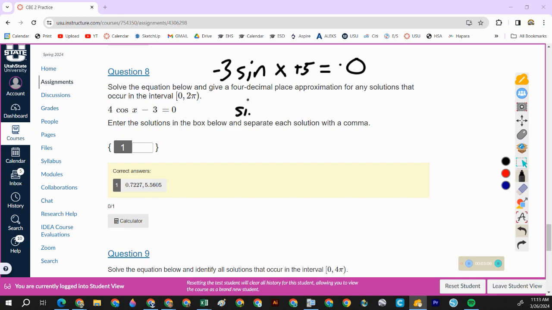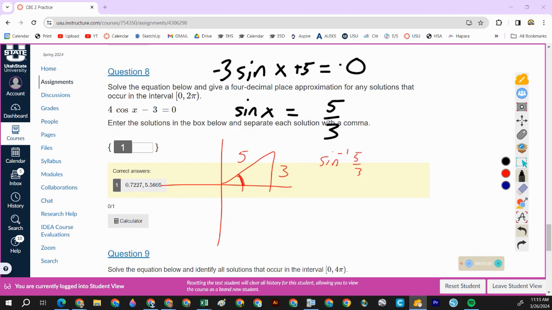So the sine of x is equal to 5/3. So in quadrant 1, that would be a 3 here and a 5 here, and I want this angle. So the sine inverse of 5/3 will tell me angle theta.